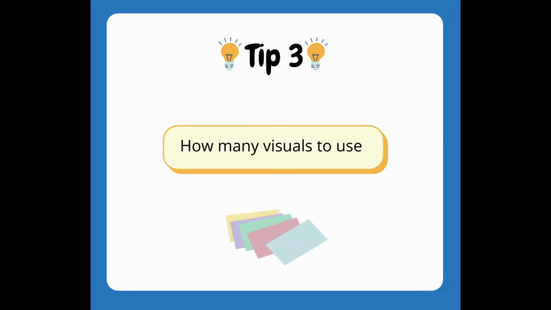Tip number 3, how many visuals should I put on my visual timetable? Well, all children are different and can understand different amounts of visuals. It's up to you and your child. You might just want to show one visual at a time to show your child what is happening now.